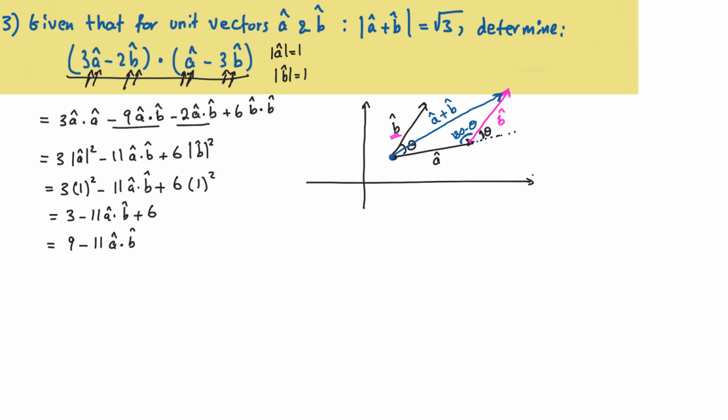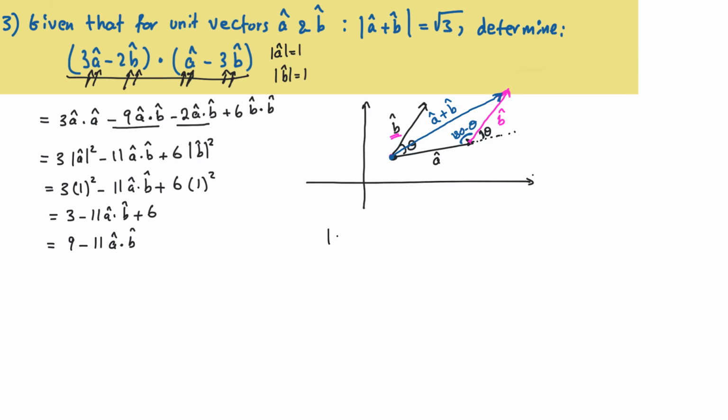Okay, so now we know that we have formed a triangle here, and if we were to take the magnitude of this squared, it would equal the magnitude of this squared plus the magnitude of this squared minus 2 times the magnitude of A times the magnitude of B times the cosine of this angle over here. Let's put that down.